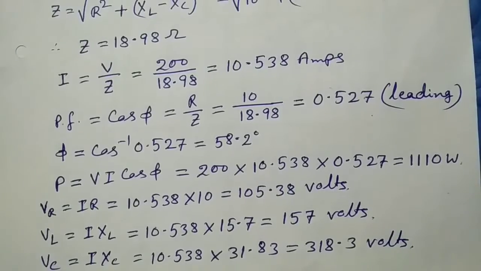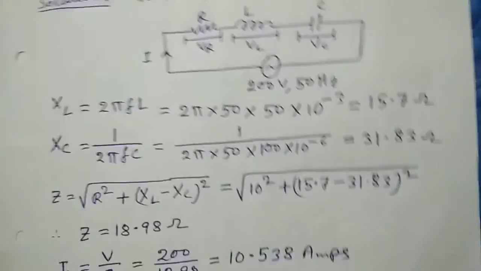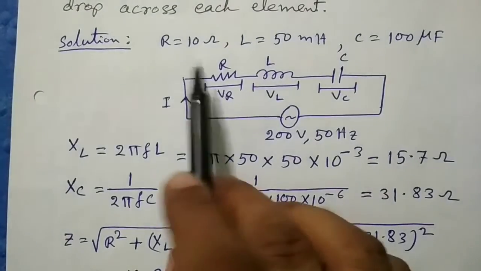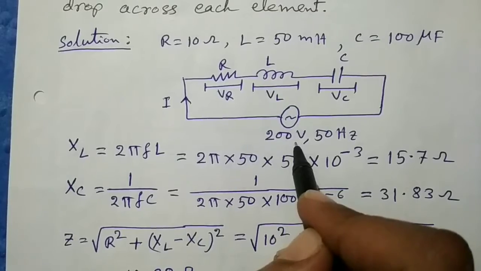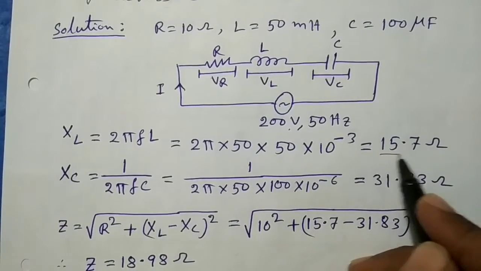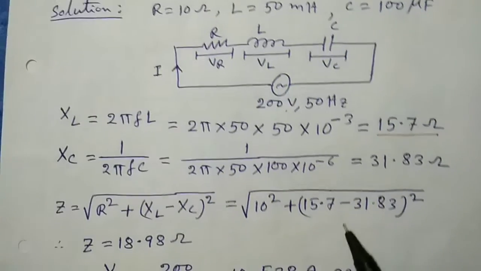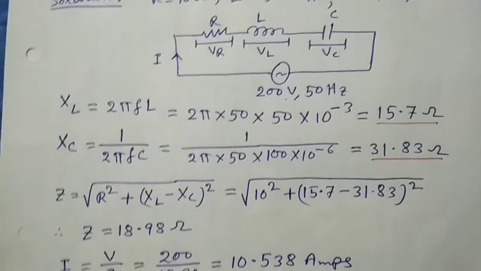So in this question the elements are given: R, L and C. Supply voltage is given. So first of all we have calculated XL, inductive reactance. Then we have calculated capacitive reactance.